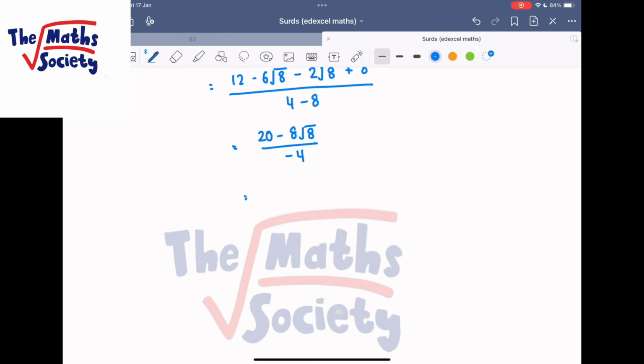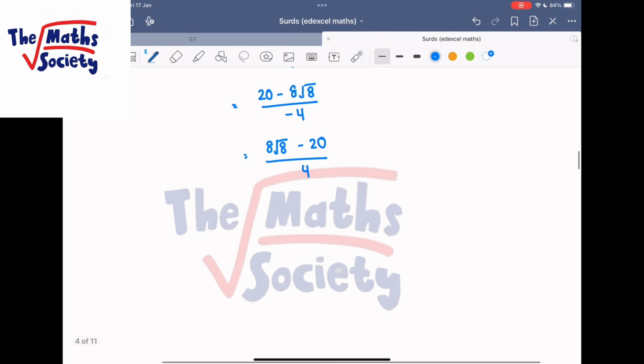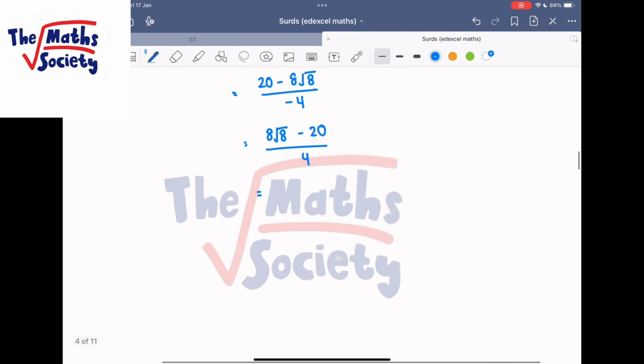So then we can just swap it around. So it would be 8 root 8 minus 20 by 4. And then we can divide by 4. So it's going to be 2 root 8. Oh wait, fourthly we have root 8, right?